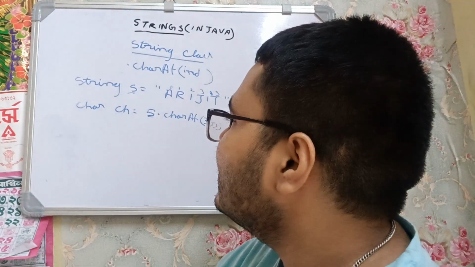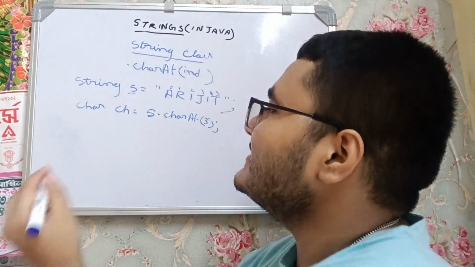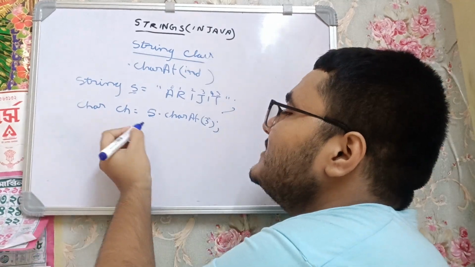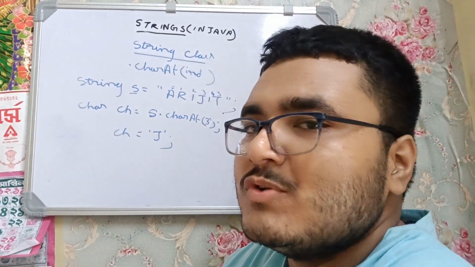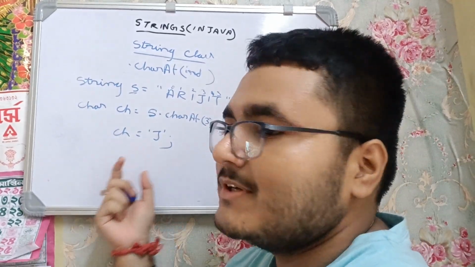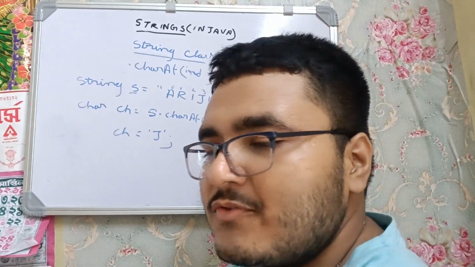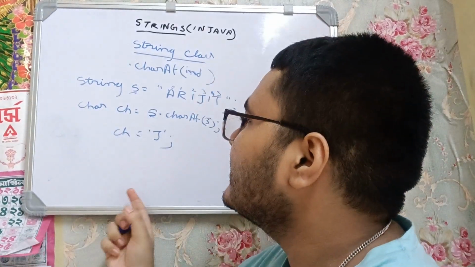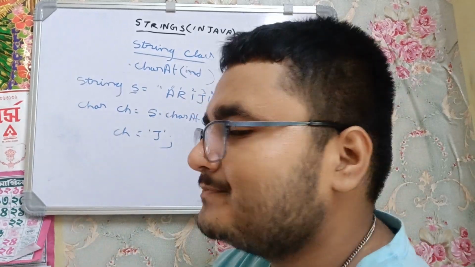What should it return? Absolutely, you are correct. The value of ch will be j. Yes or no? So that was all about charAt. I have discussed toUpperCase, toLowerCase, dot indexOf and dot charAt. This is how a program will work.